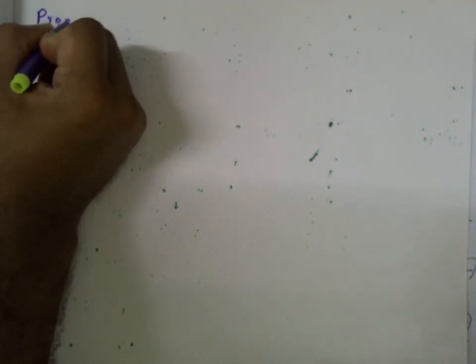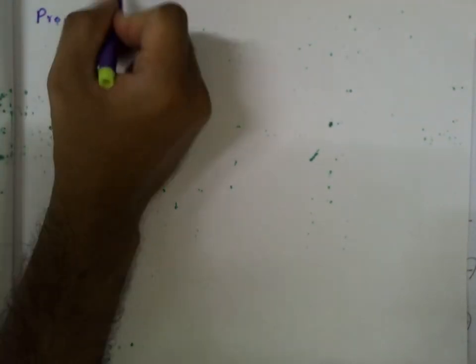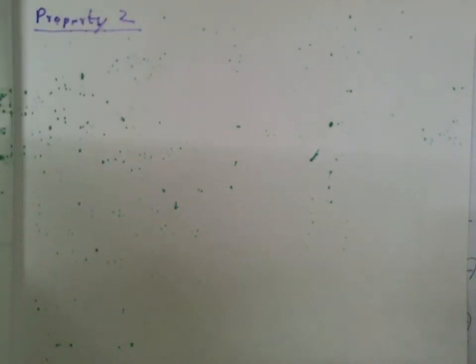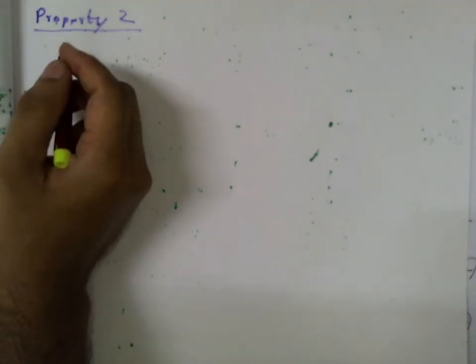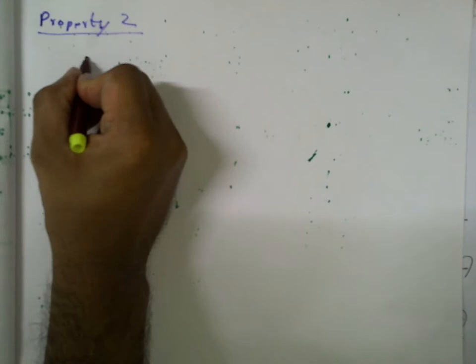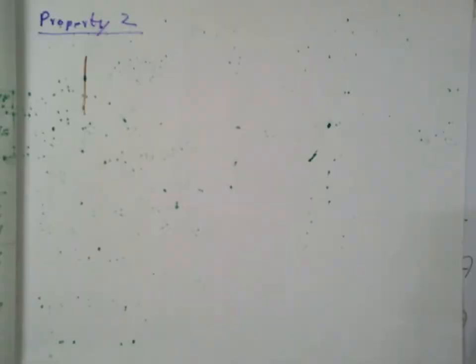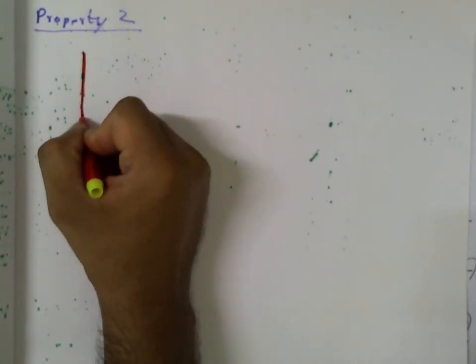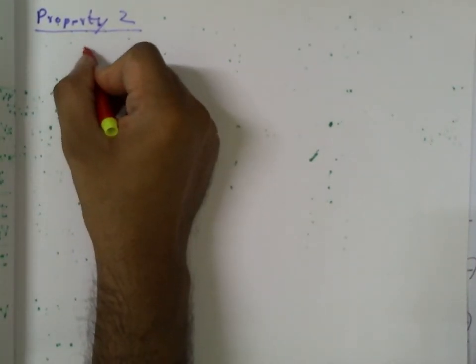Now I'm going to discuss another property, property number 2. So this is how we draw an op-amp.